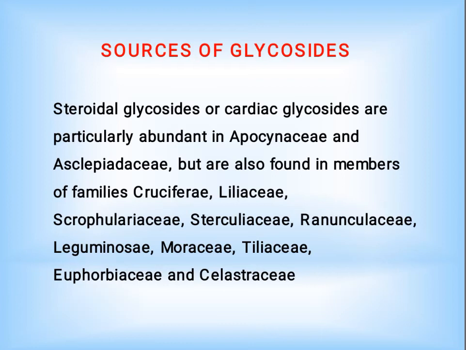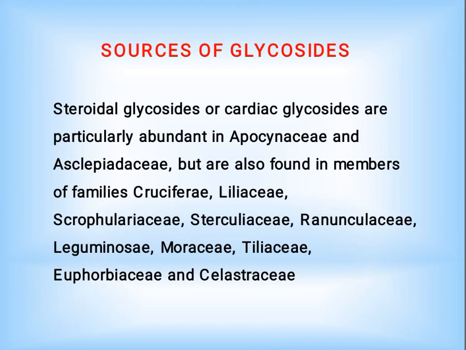In glycosides, different types are there. Steroidal glycosides, also known as cardiac glycosides, are particularly abundant in families Apocynaceae and Asclepiadaceae, but are also found in members of Cruciferae, Liliaceae, Scrofulariaceae, Sterculiaceae, Ranunculaceae, Leguminosae, Moraceae, Tiliaceae, Euphorbiaceae, and Celastraceae.